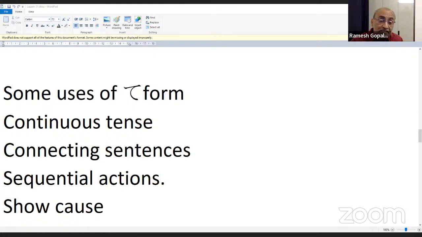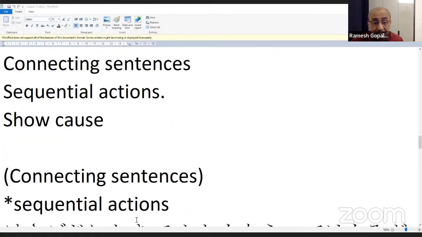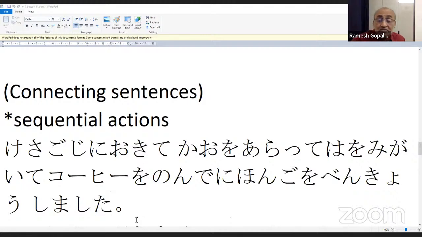So I gave you some sentences. I told you about connecting sentences where the actions are supposed to have happened in this kind of sequence. So the sentence I gave you is: kesa goji ni okite. This morning I woke up at 5 o'clock.